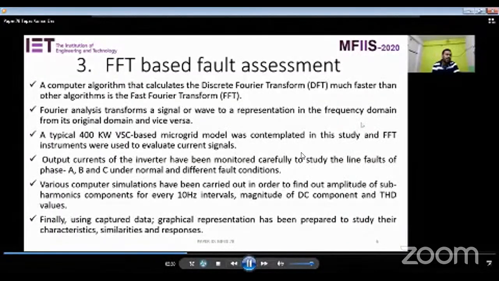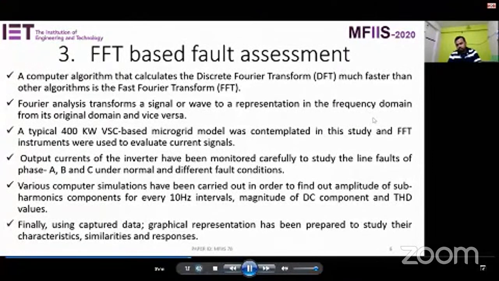A typical 400 kilowatt DSC based microgrid model was contemplated in this study, and FFT instruments were used to evaluate current signals.